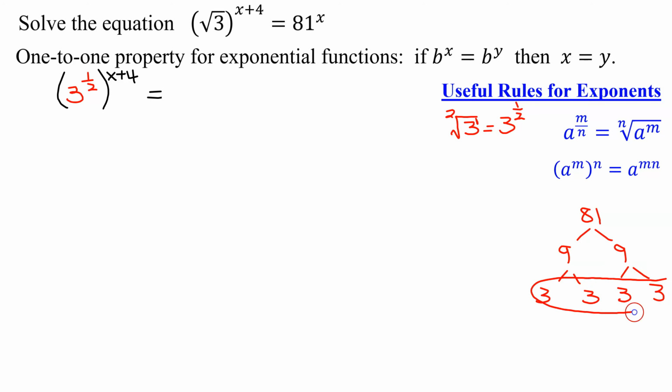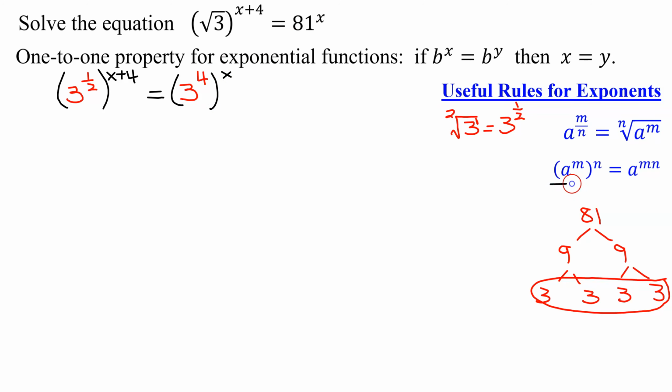So 81 is 3 raised to the 4th power. So I'm going to have 3 raised to the 4th power, all raised to the x power, as 3 to the 4th is 81.